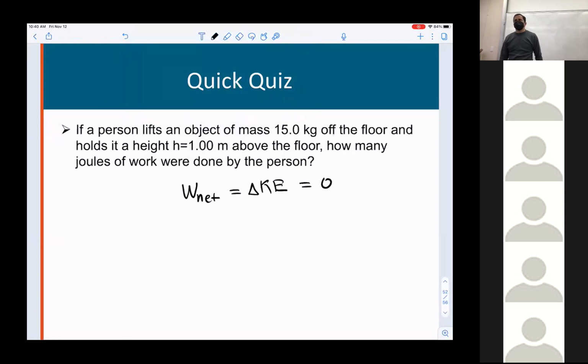So the net work done is 0, which means that the net work done on the object is the work that you do, the person lifting it up, plus the work done by gravity, and that has to equal 0. And the thing they're asking you to figure out is what is the work that you do.